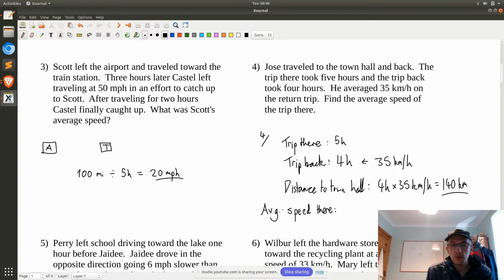That's how you abbreviate the word average. So the average speed there was the distance there divided by the entire time that it took him to go there. So 140 kilometers divided by 5 hours, which is what? 28 kilometers per hour. And that makes sense, because he's clearly slower going there than he is coming back.